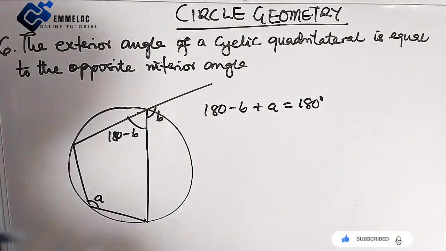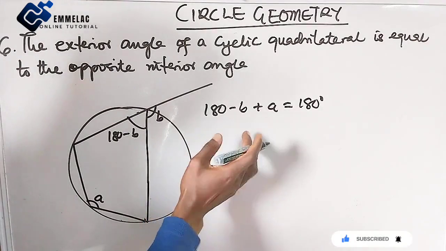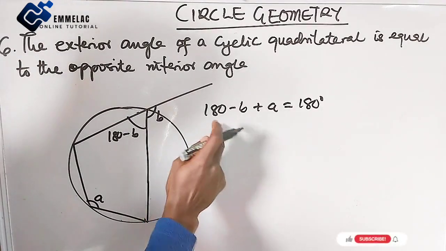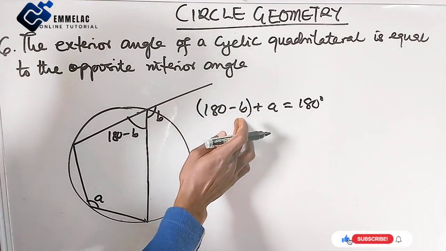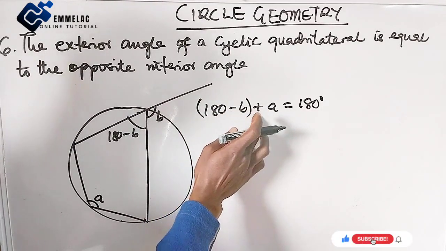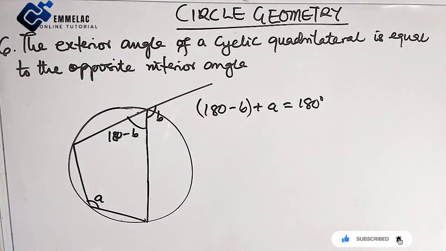So from here, 180 minus B plus A equals 180, and from this we can prove that B equals A.